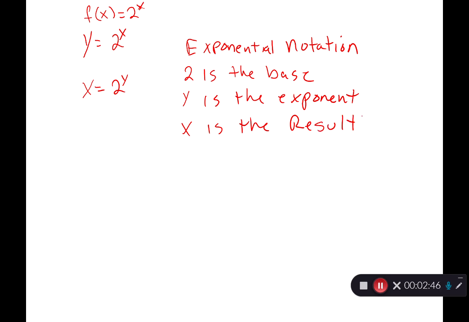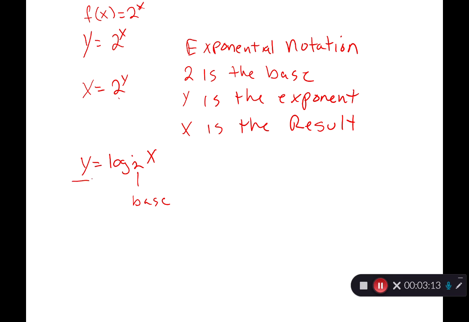All right? And the reason I'm going through that is because when we change it to logarithmic notation, I wind up with y equals the log base 2 of x, where again, we call 2 in this case the base. So notice, whether it's in exponential or logarithmic notation, that 2 is still your base.